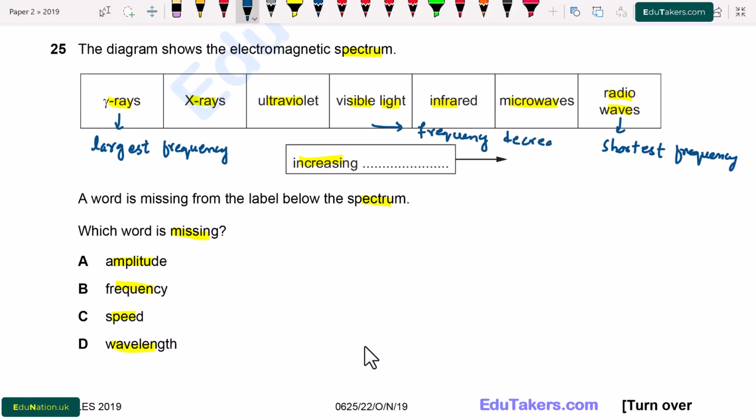But here we are asked about the increasing. So the largest frequency has the smaller wavelength. Here the wavelength will be small. But for the radio wave, the wavelength should be large. It means that when we move from left to right, the wavelength increases. So option D is correct.